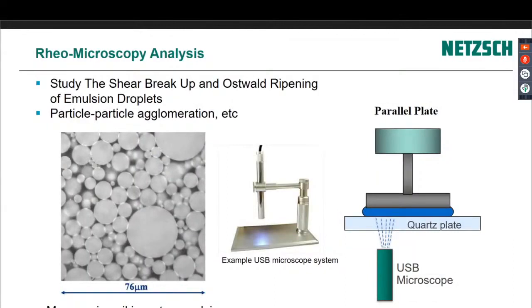And the idea of this is that you can look at products before, during, and after shear. So for instance, if you have an oil and water emulsion, you want to see how big the particle size is. Maybe you're going to look at the particle size initially, and maybe then you will shear it, and you will see obviously not much because it's blurry as it's spinning around very fast.